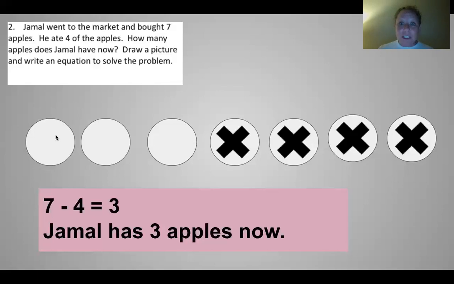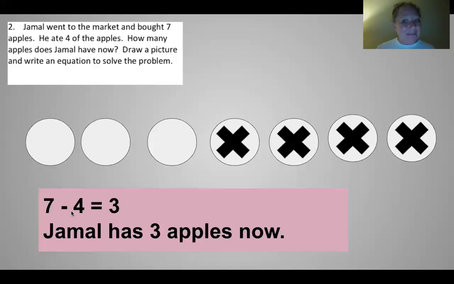Let's look at the equation that I wrote. 7, because that's how many I started with, minus. Why did we subtract? That's right. He ate the apples and they went away. He ate 4, so we subtracted 4.